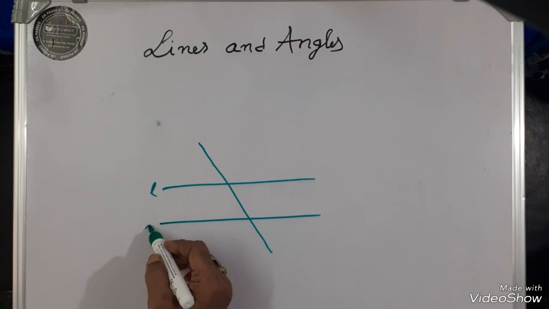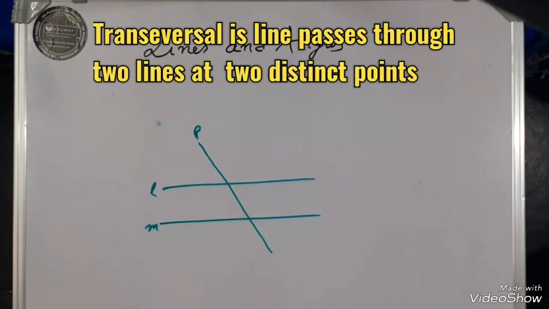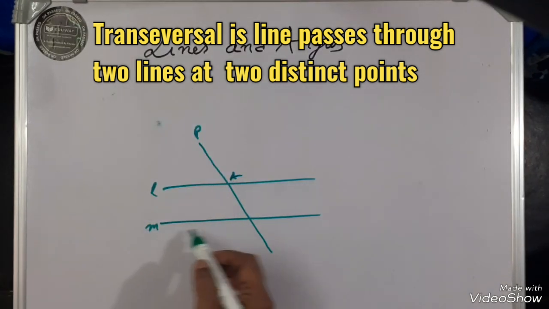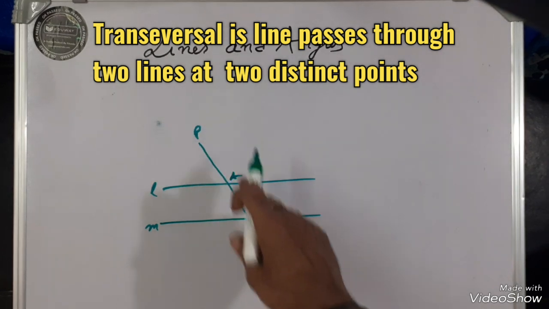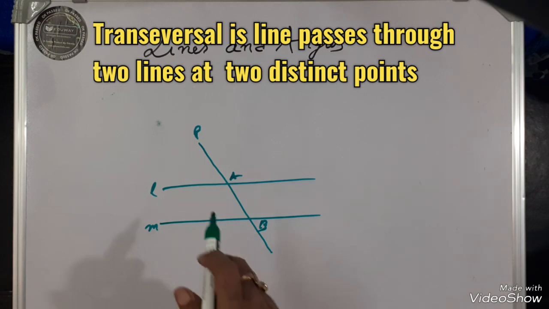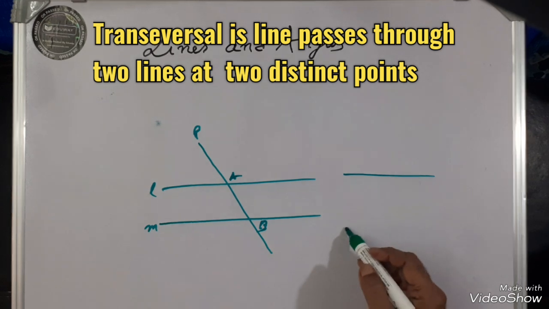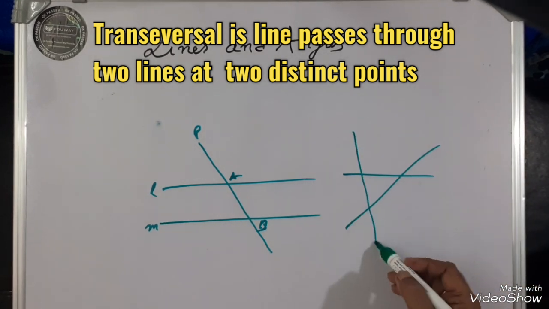So here L and M are two lines. Here P is a transversal. Why? P cuts L at A and M at B. So when a line intersects two lines at two different points, then the line is called a transversal. Suppose two lines are like this, and a line is going like this.